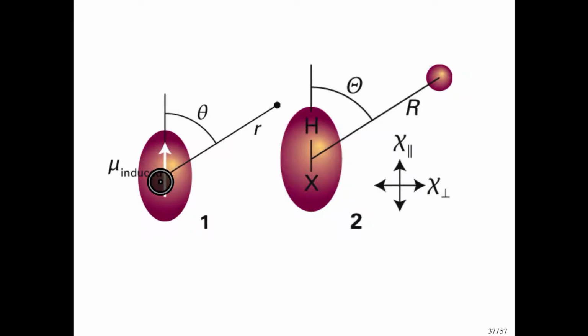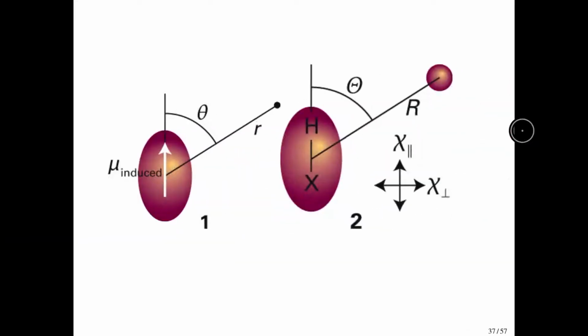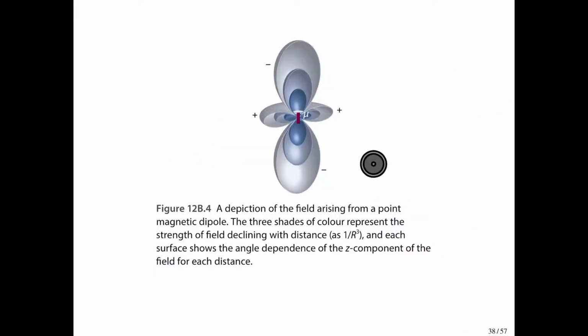That is going to in turn create a magnetic field at some point here, which is a distance r and at some angle theta relative to that magnetic moment. And you see that there is a 1 over r cubed, so the farther away the neighbor is, the smaller the magnetic field, but then there's going to be an interesting angular dependence to that magnetic field, and that's depicted in this figure right here.